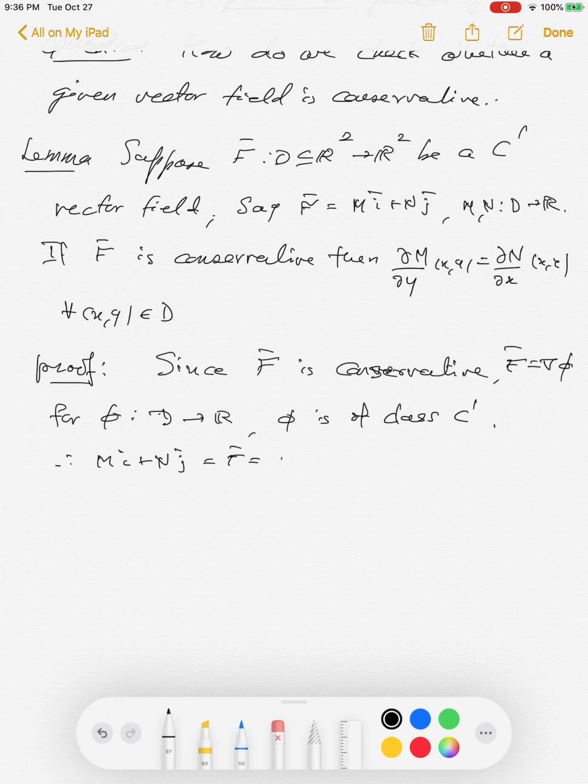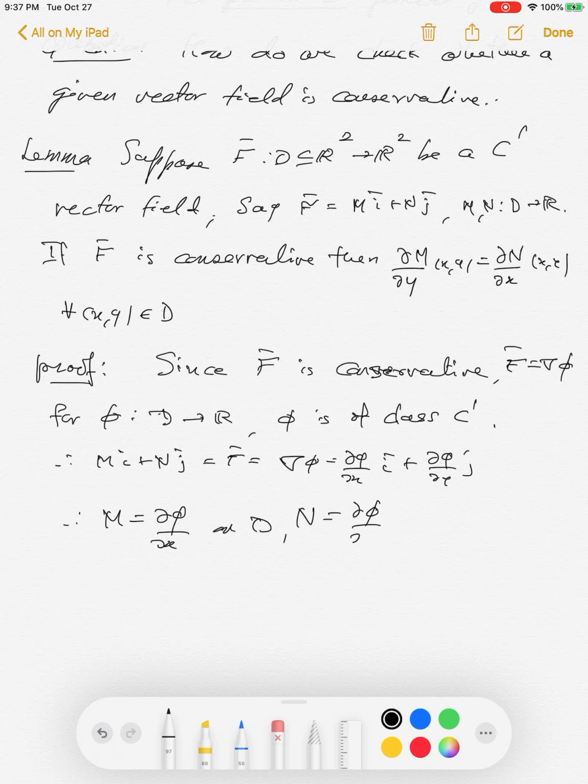That means M i bar plus N j bar, which is F bar, is also the gradient of phi, which is d phi dx i bar plus d phi dy j bar. So that means M is d phi dx on D and N is d phi dy. These are functions, so when I say on D, I mean they are equal to each other at every point of D.